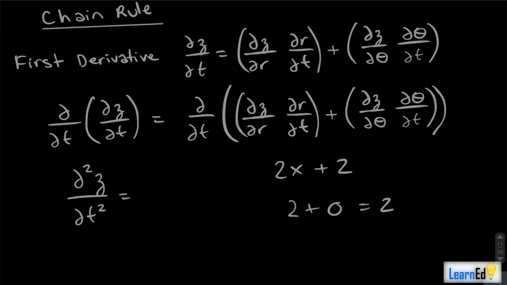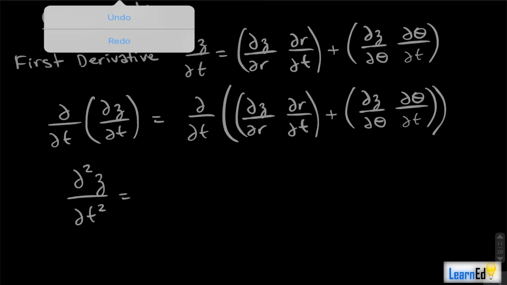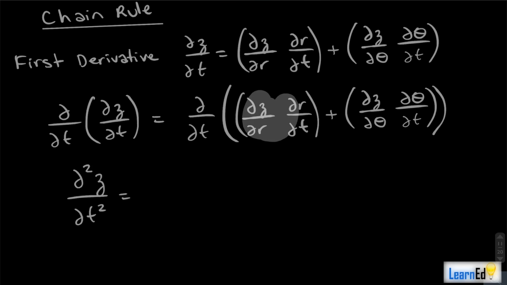So it's 2. You can take the derivative separately of each term. But we have to use product rule inside here because we have two things being multiplied together. So we're going to have to use product rule here and product rule here. So we have two cases of product rule to deal with.